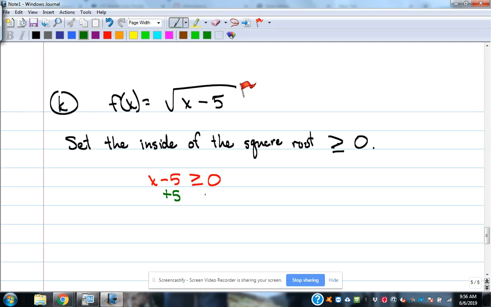So I'm going to add 5 to both sides, and there I have x. It's got to be greater than or equal to 5. As long as x is greater than or equal to 5, I can take the square root of that answer. Some of them are going to be decimals. Some, if it is 5, it's going to be 0. But what this does is it creates the domain for us.